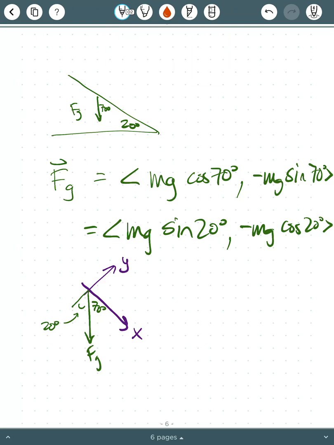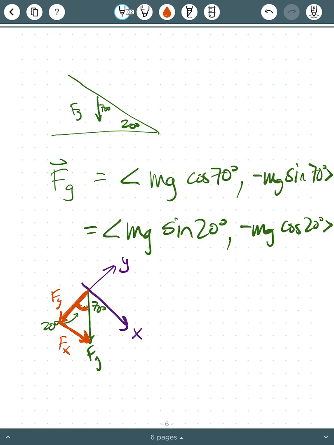If I use this 20-degree angle, now this is my Fy component. This is my Fx component. This Fy is adjacent to this angle, so that's a cosine. And my Fx is opposite of this angle, so that's a sine.